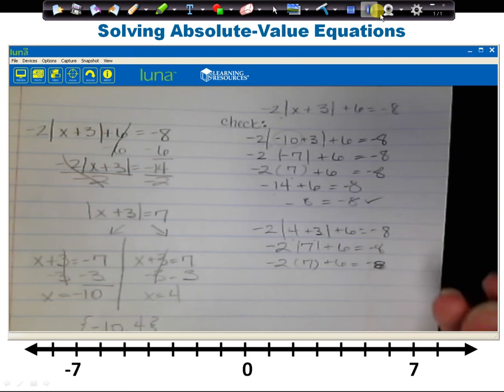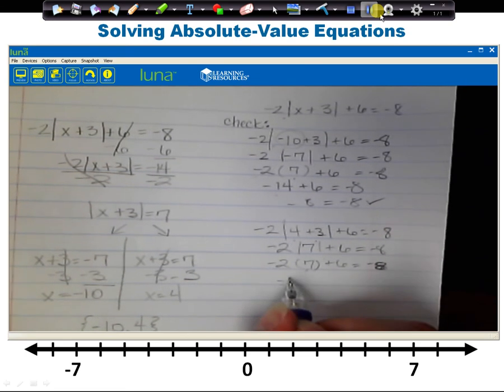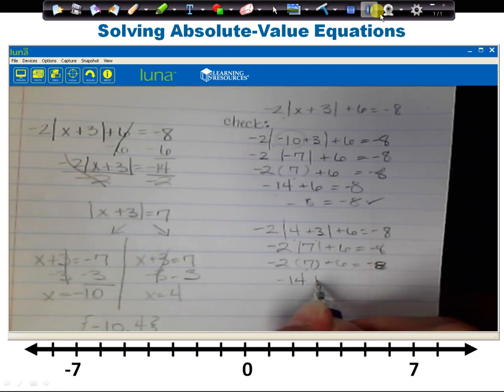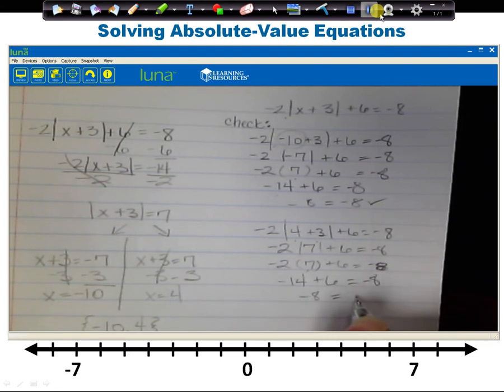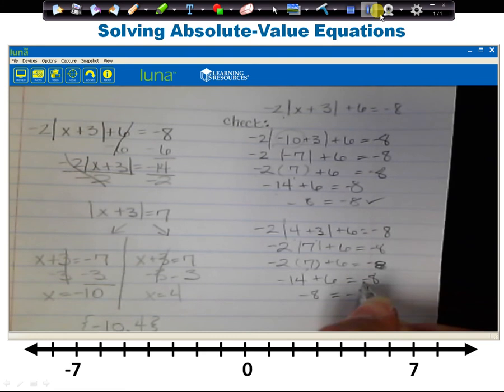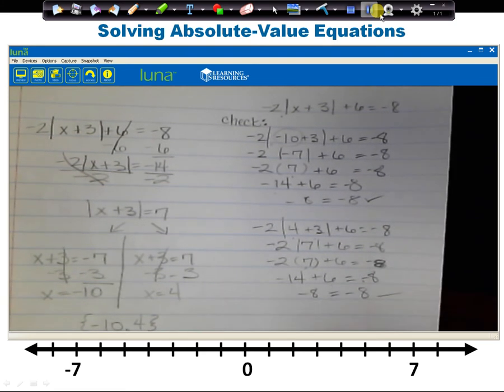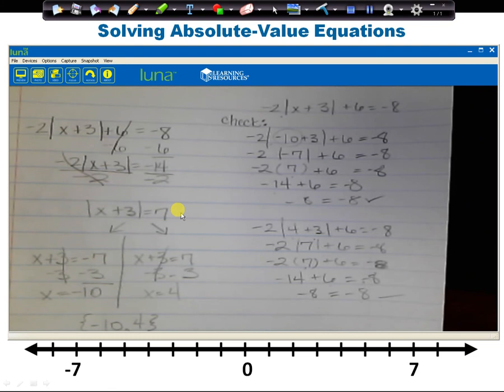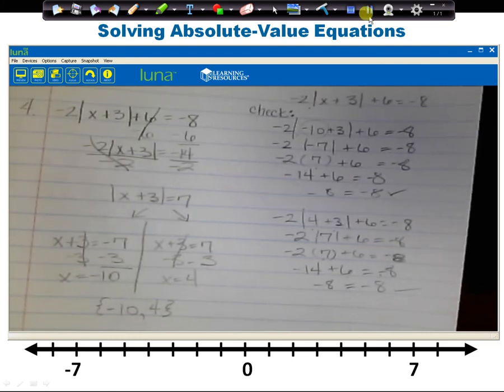Negative 2 times 7 again is going to give me negative 14, plus 6 is negative 8, and negative 14 plus 6 does give me negative 8. Negative 8 equals negative 8, and this checks out. Make sure that you have all the work and the check written down before you move on.